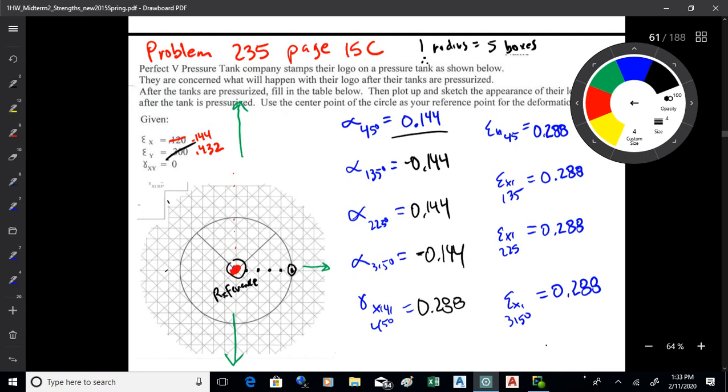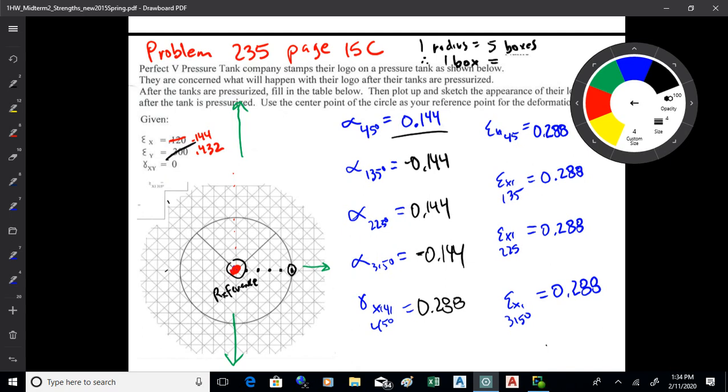So what is one box then? What percentage of strain is it? One box. 20%? Good. Because I got 5 boxes in the full radius. I'm starting at my reference point in the middle. I'm going out to the edge of the circle. That's 5 boxes. Each box is 20% of the total.